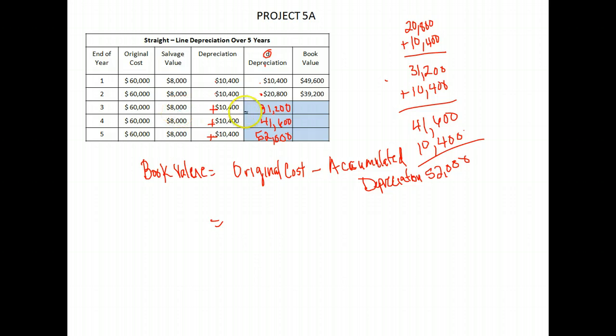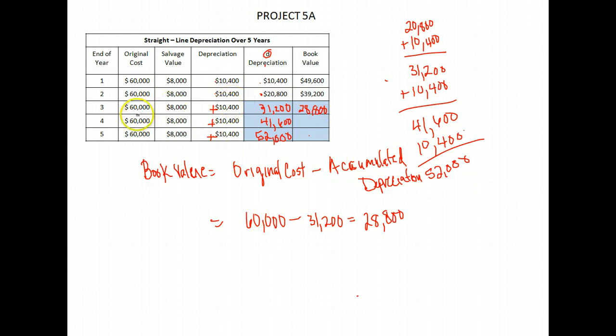So for this first one, the original value was $60,000 minus the accumulated depreciation in the third year was 31,200. So we just subtract those. And we'll have the current value of the vehicle at the end of that year is $28,800. Okay, so that would be our book value right here.